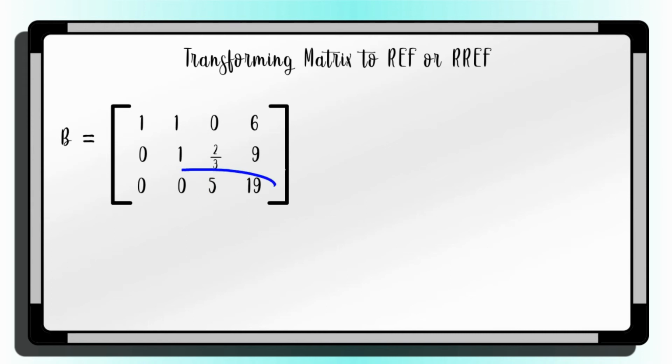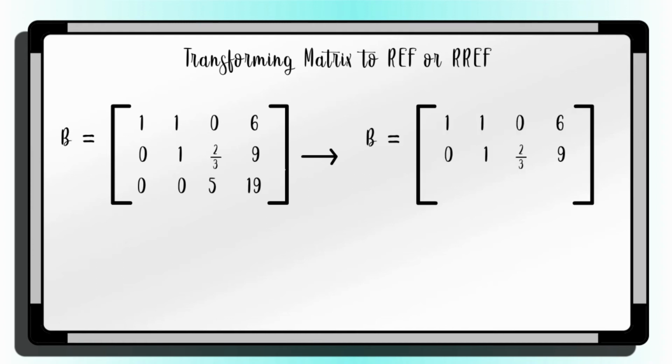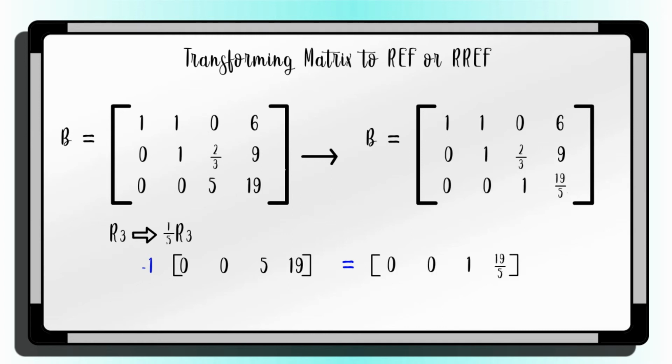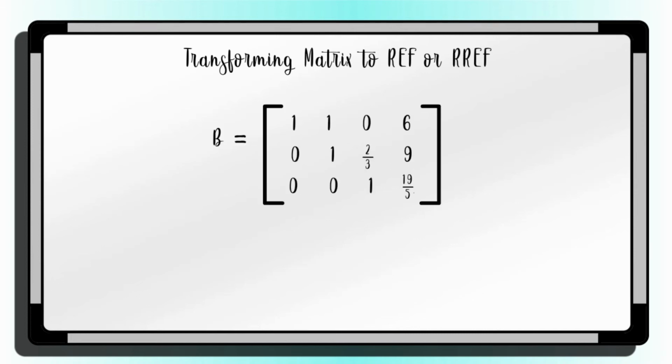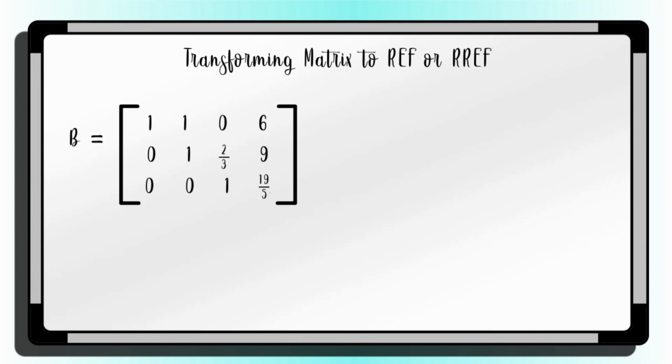Use the type 2 operation to multiply R3 by 1/5 to change it into 1. Matrix B is already transformed to REF. We will proceed to transforming matrix B to RREF.